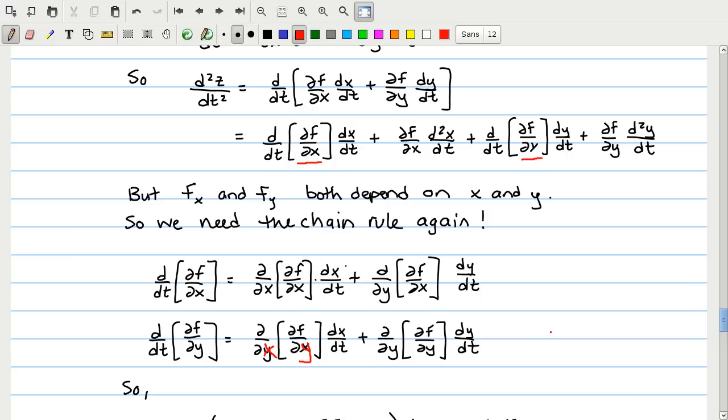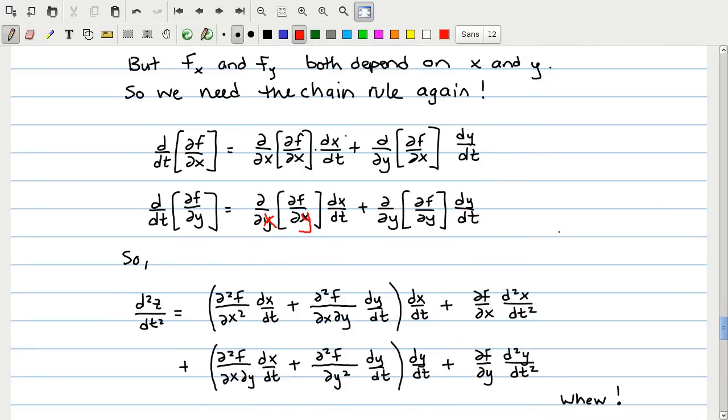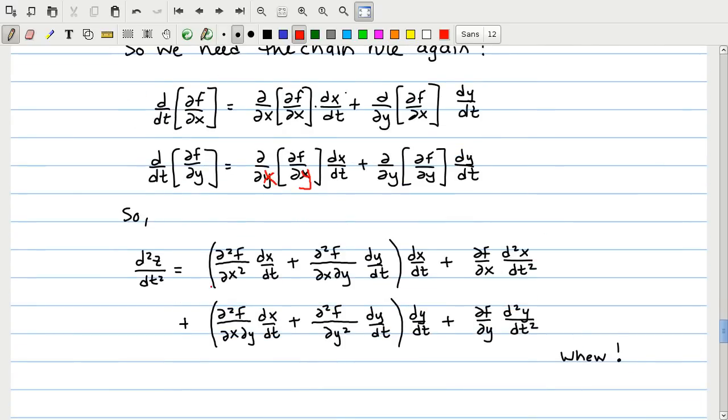So then we have to take these expressions, which are just the chain rule derivatives with respect to t of df/dx and df/dy. We have to plug those back into our original formula, and it gets long. In the end, we have all these terms: the t derivative of df/dx times dx/dt, plus df/dx times d squared x/dt squared, and so on.